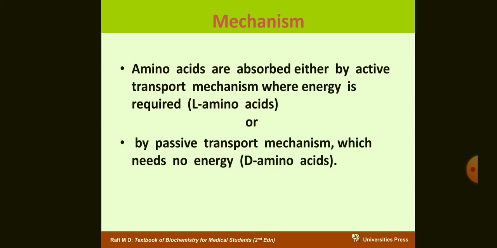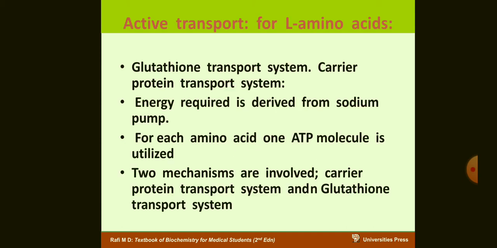Or the other mechanism is passive transport, which needs no energy, and D amino acids are absorbed this way. Active transport for L amino acids is almost the same as active transport of glucose, by spending energy.